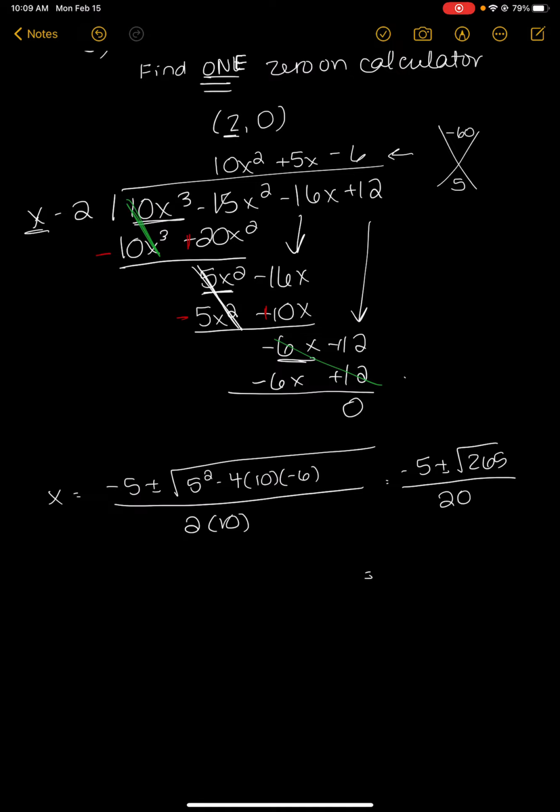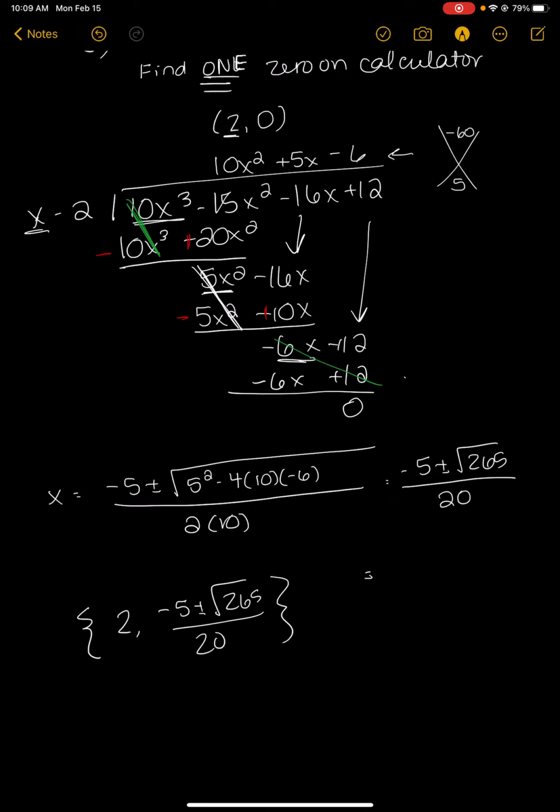And so all we're going to do is write in factored form. Actually, we'll write our zeros since I just drew the squiggly bracket. So negative 5 plus or minus square root of 265 over 20.